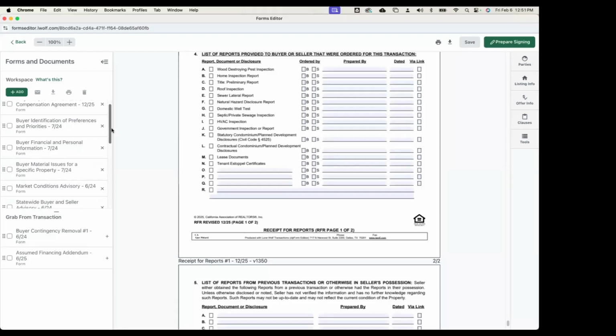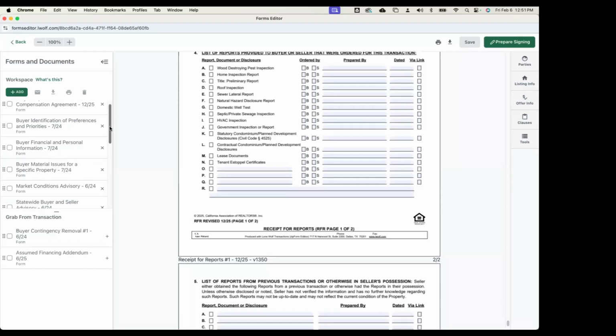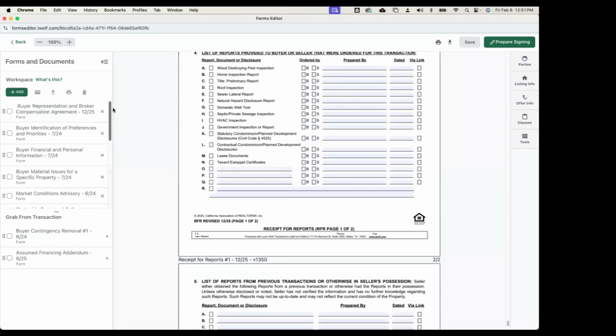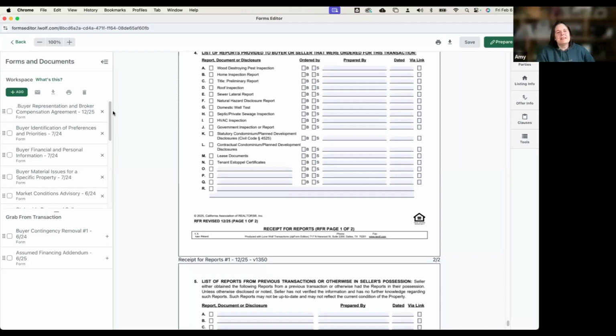I have a question. I know you kind of talked about it through the whole process, but could you very, very briefly just skim through and say at what point you would give these to your buyer? Yeah, absolutely. So obviously buyer representation broker compensation form would be hopefully before we start showing properties or very close to when we start showing properties. That's the goal, that we're sitting down with our buyers and doing a consultation and getting that BRBC signed.